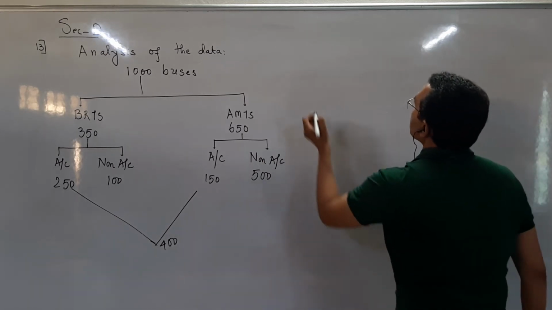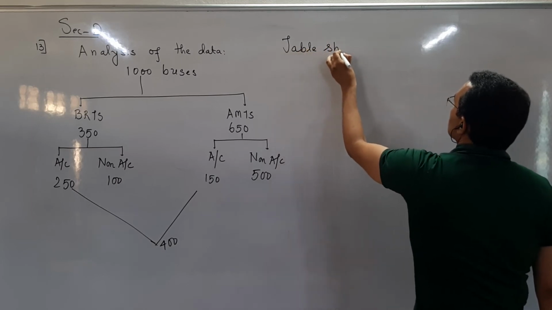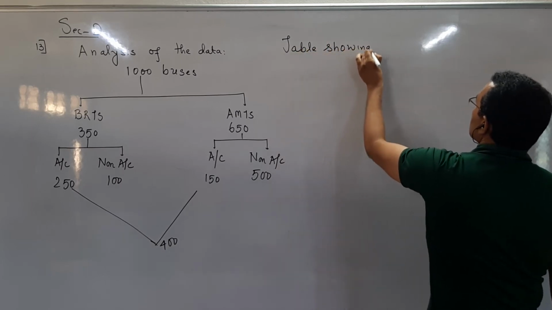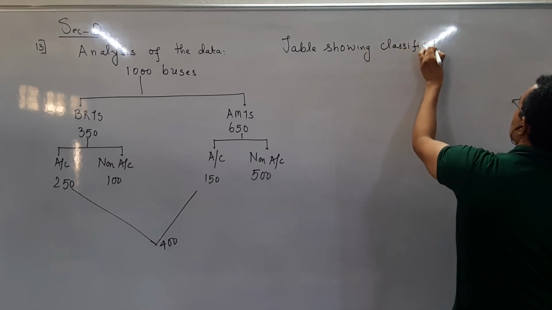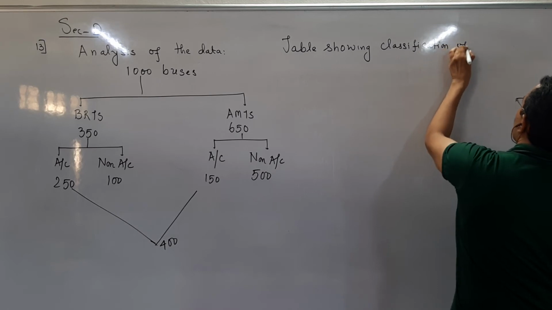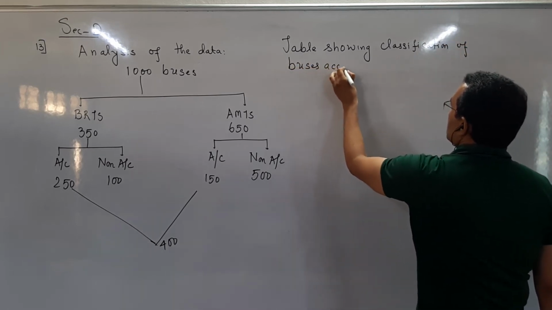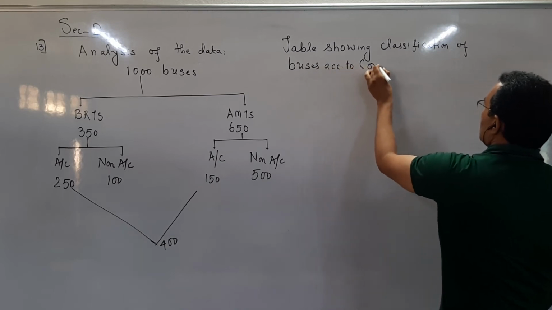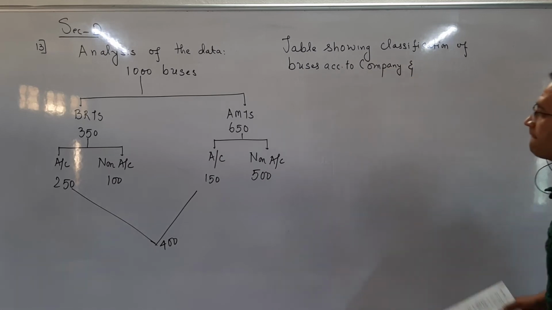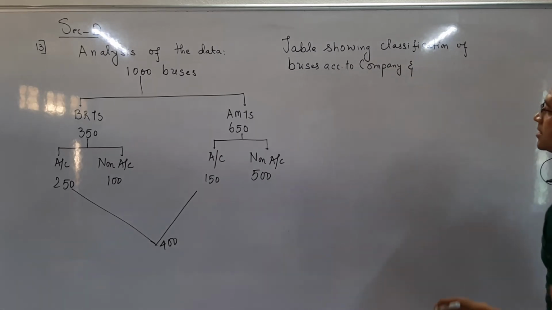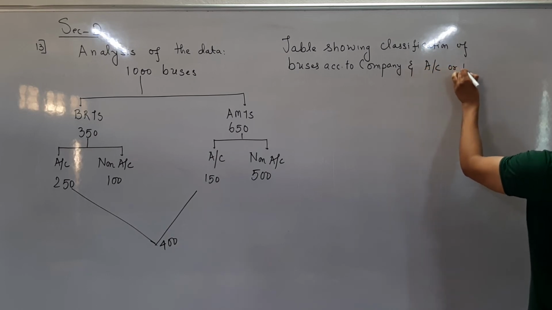So what do we write? Table showing classification of buses according to company, BRTS or AMTS, and AC or non-AC.